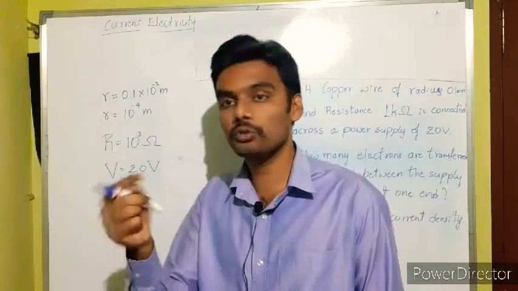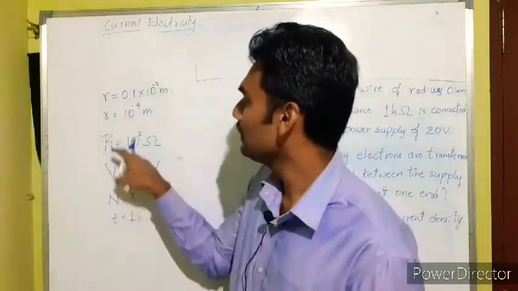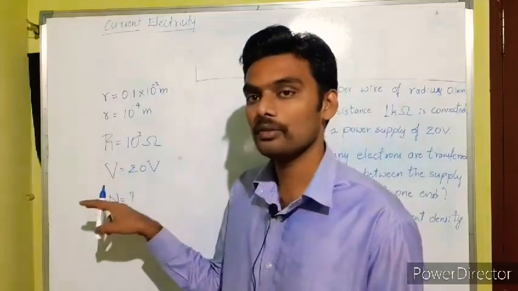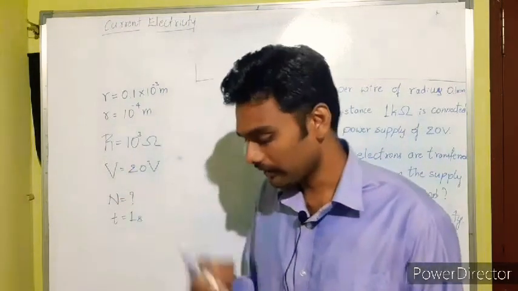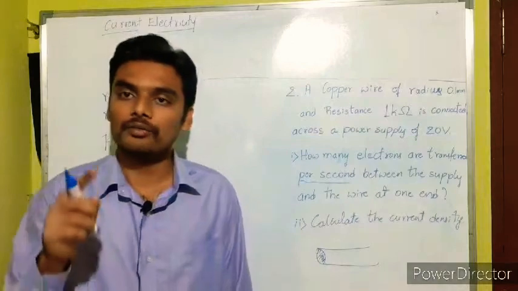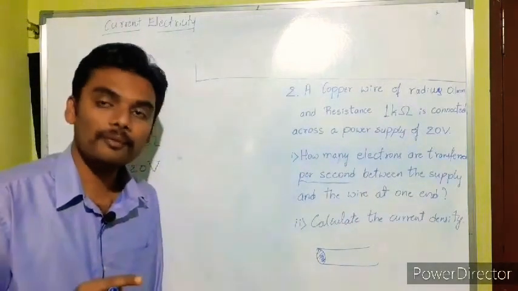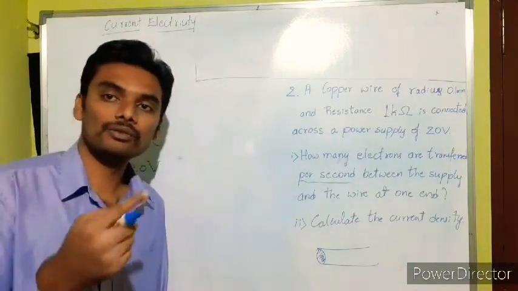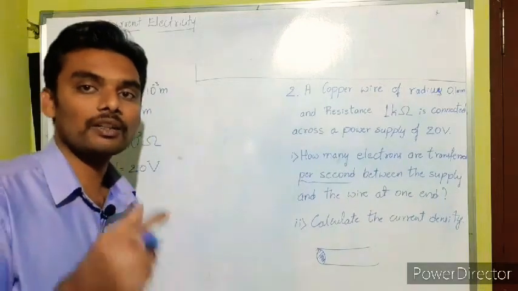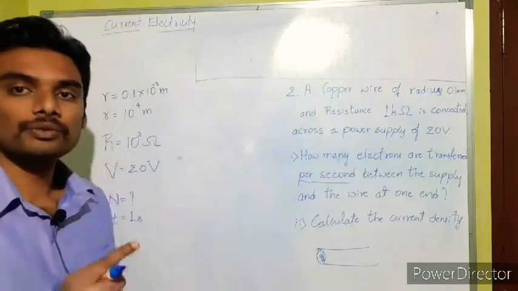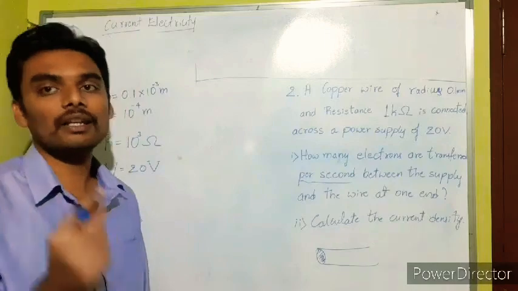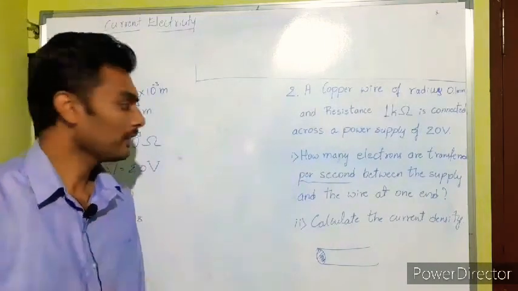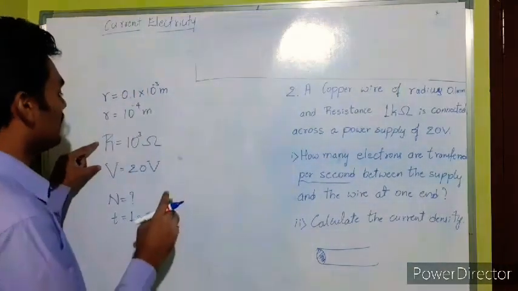I is equal to Q by T, and we can get I using R and V, using Ohm's law, right? So there is a way to solve this. First, getting the value of I, then using I is equal to Q by T, we can get Q, and using Q is equal to NE, we can get N, right? Followed? Right.